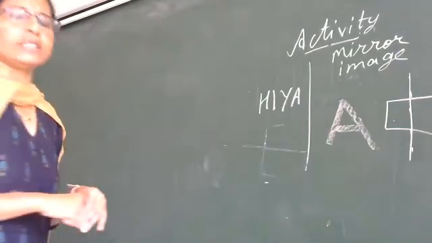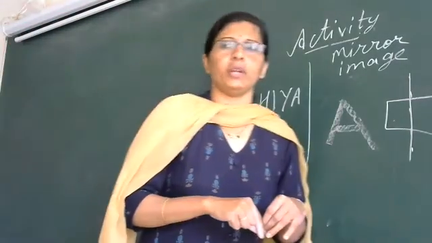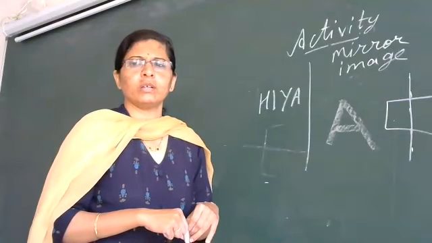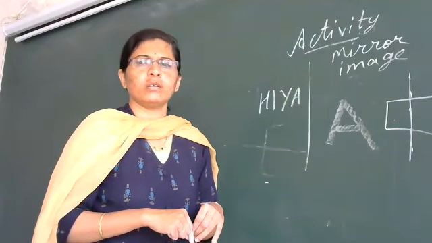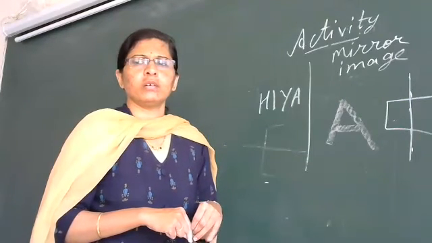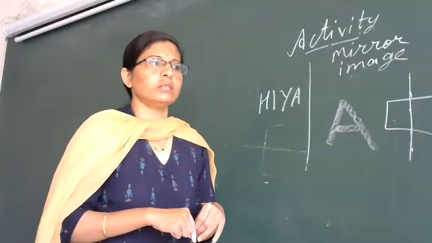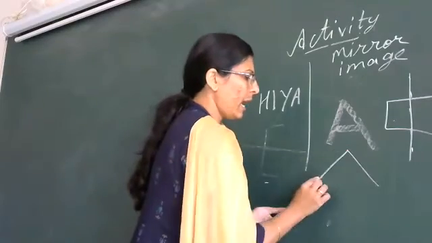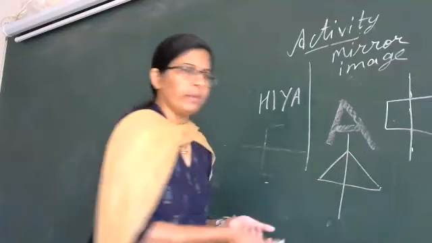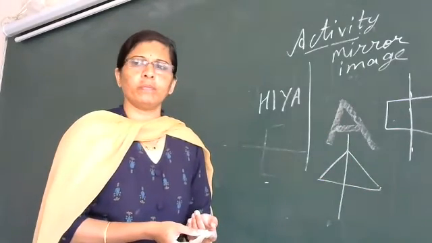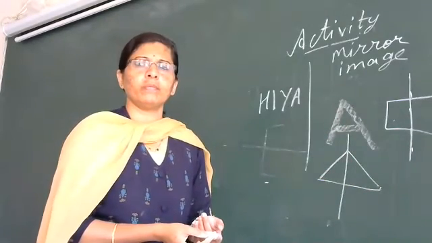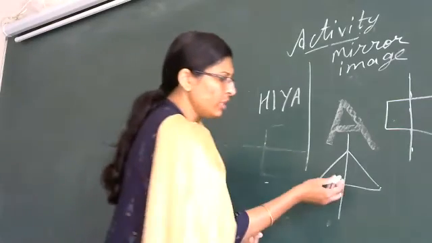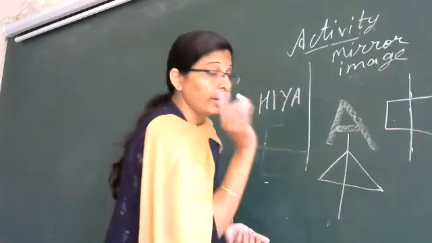Draw, yes, you have to do it in the textbook only. Draw the lines of symmetry. Triangle, where one line of symmetry will come from. See, it depends on the triangle.